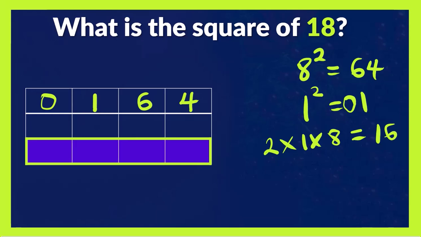So 16 is 2 digits. So we can write it into our box. So we are not going to write it here. No, we start writing it from this place. So you put your 6 here from the 16, and write the 1 from the 16 here. That's amazing.